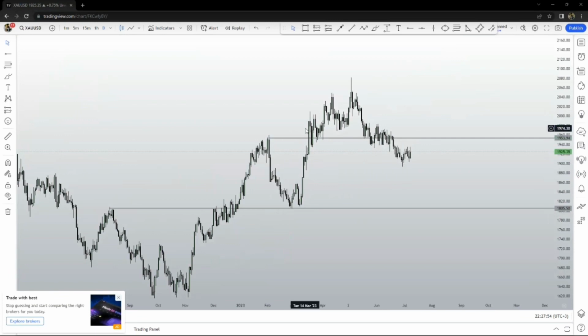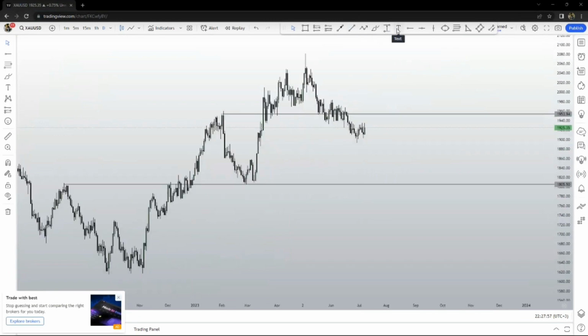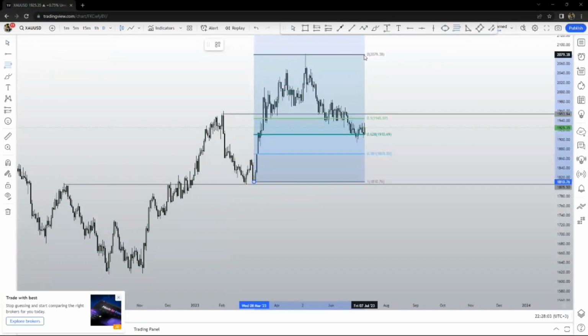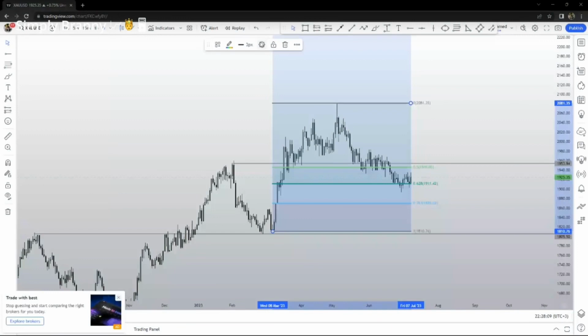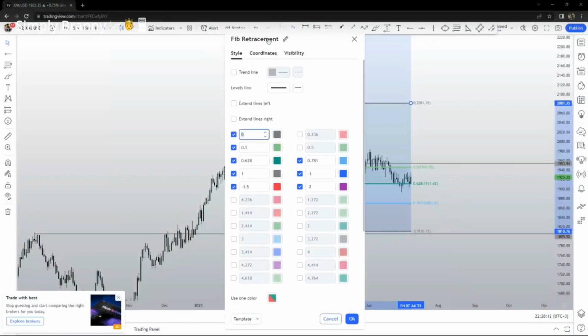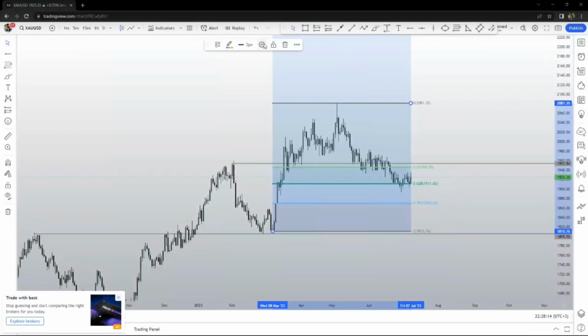But again, I'm expecting you can use a Fibonacci level from this high to this high here. So I'm on a daily time frame, guys. I told you I don't want to look at this one, but this is an ICT Fibonacci. I'm going to change it right now because there is no need to use it.